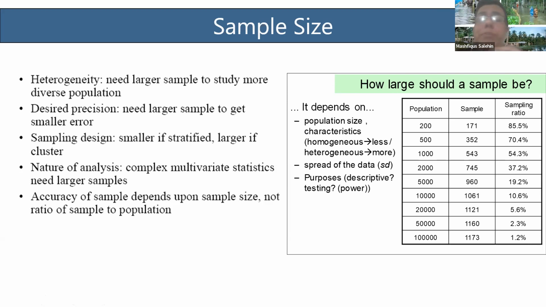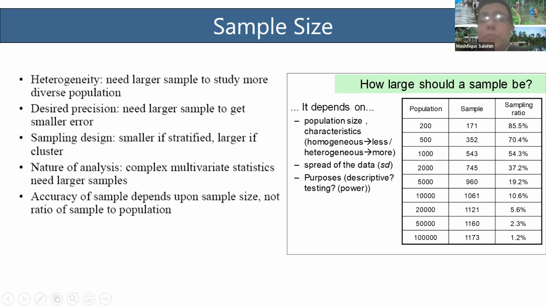The sample size is not linearly related to your population size. If your population is small, your sample size can be almost equal to your population. But as the size of your population increases, the sample size also increases, but it doesn't increase linearly.